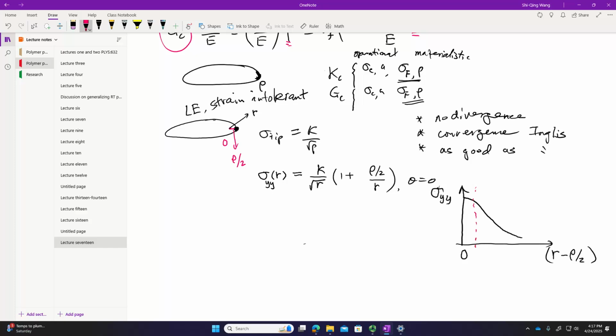It's not a plastic zone, but it is a zone where the stress starts to saturate, meaning it no longer grows as fast as 1/r, for example. So that's just a mathematical feature of it.